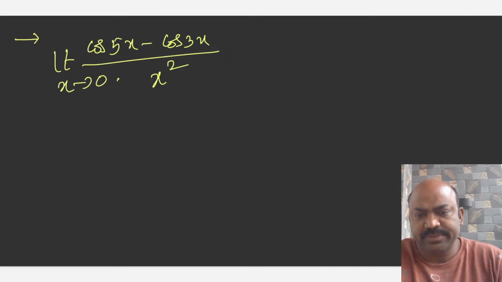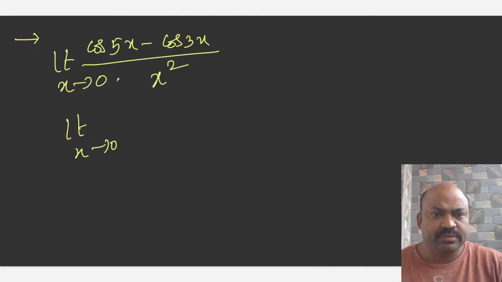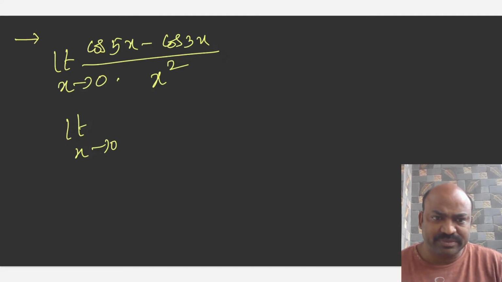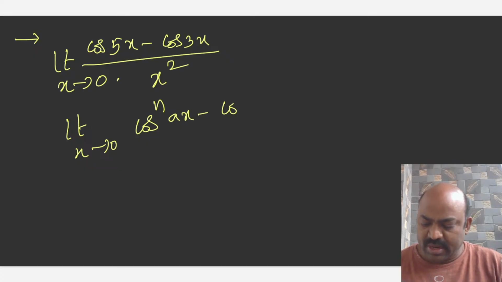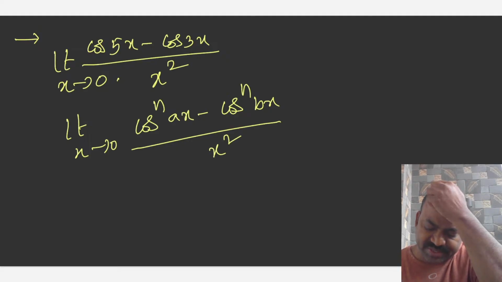All right. Now I am raising the power: limit of (cos^n ax minus cos^n bx) by x square.